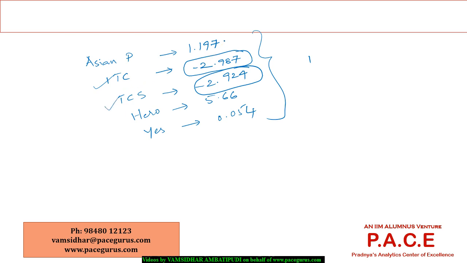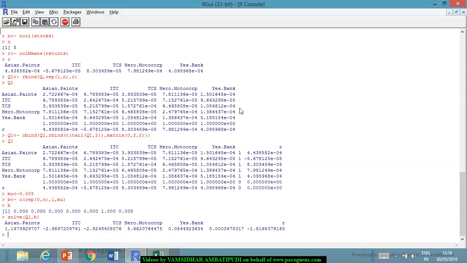Use the proceeds to invest 119% in Asian Paints, 566% in Hero Motor Car, and around 5% in Yes Bank. That is the portfolio that will give you the least amount of risk for your expected level of return.